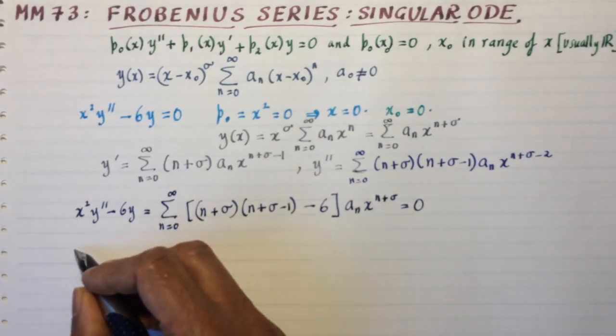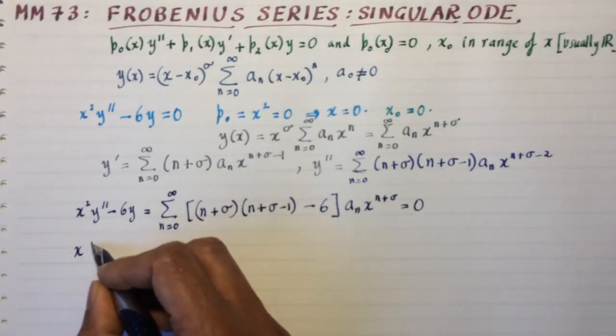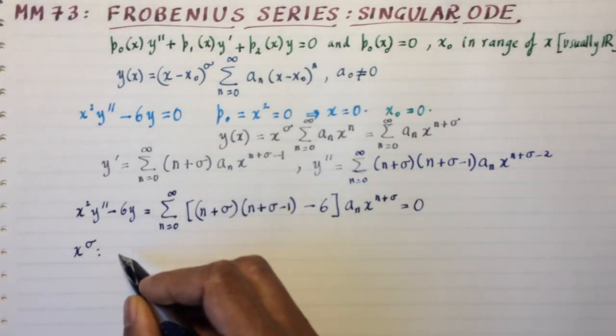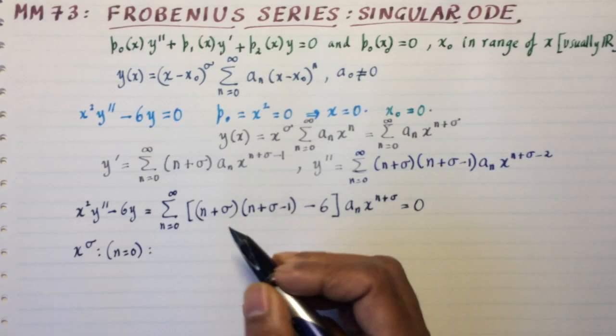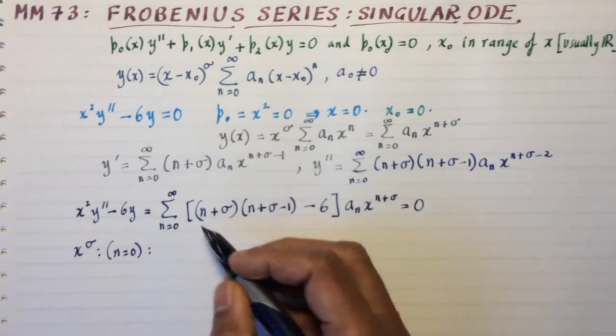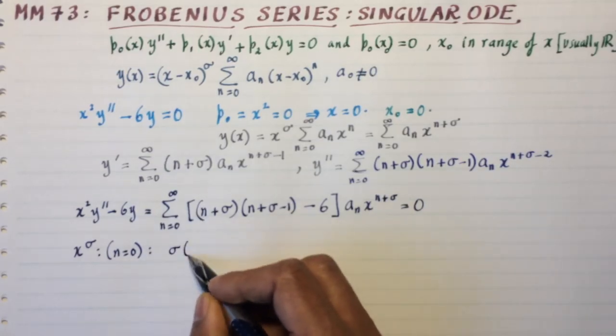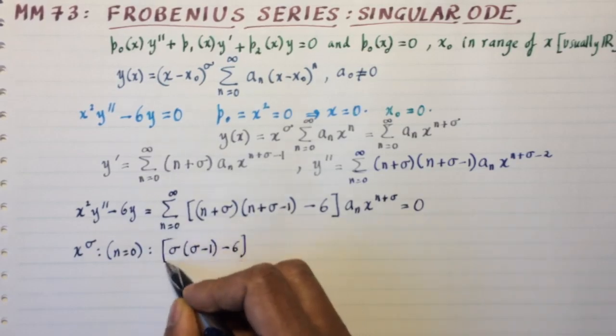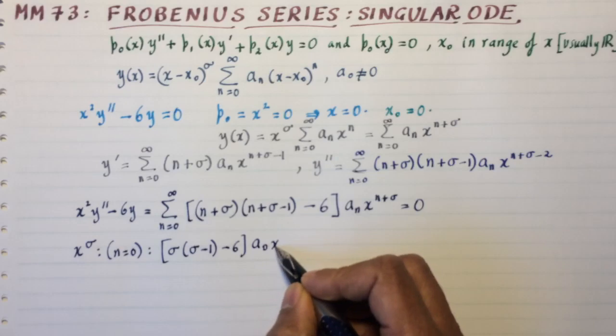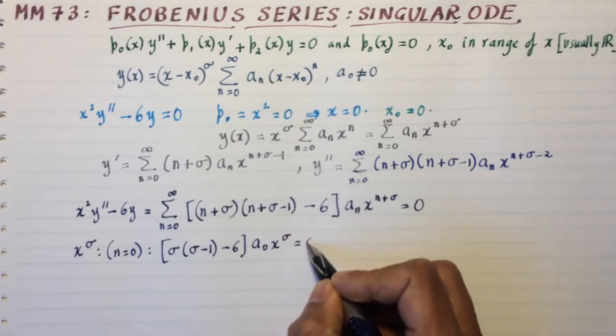So with the x to the sigma comparison, that's only possible for n equals 0. That's another way of saying that what you're doing is set n equals 0. So I get sigma times (sigma minus 1) minus 6, times a naught x to the sigma equals 0.